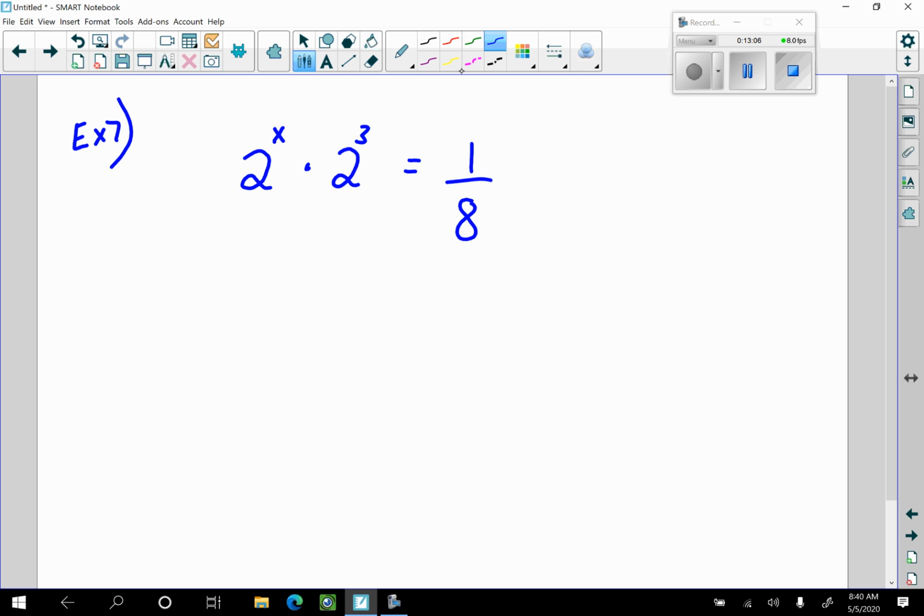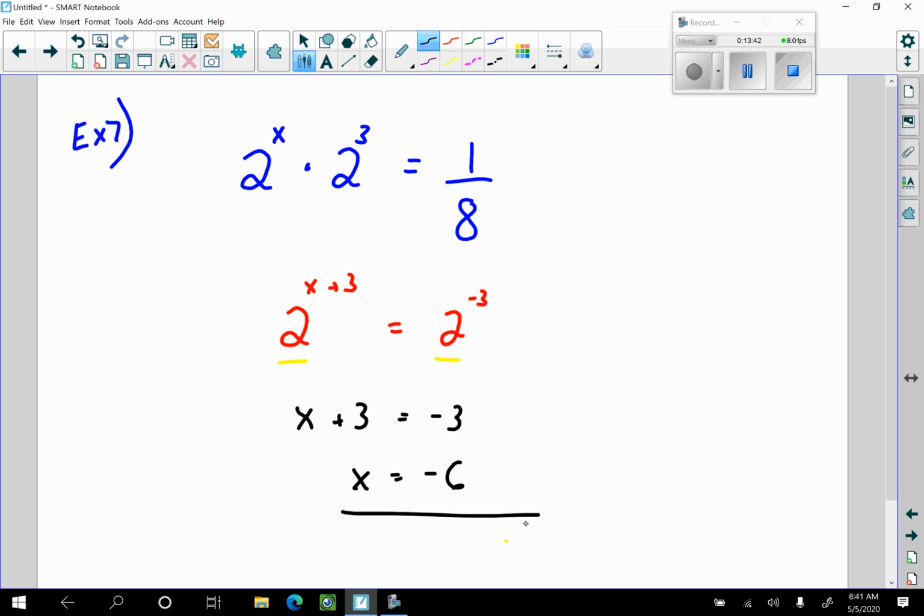So if I'm multiplying like bases here, 2 base times 2 base, that says that this is going to be 2 to the x plus 3. That's the multiplication property of exponents. Like bases, you add the exponents. 1/8 we know is 2 to the negative 3. And now I have like bases. Good deal. And what do I do? I set the exponents equal. And x is equal to negative 6.